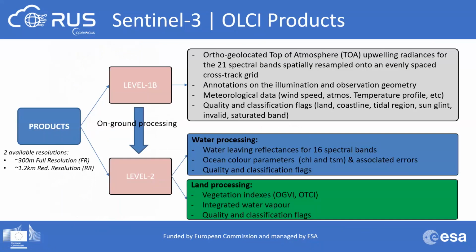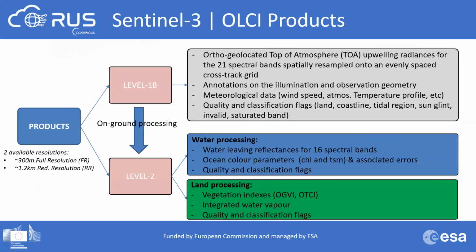Then two levels of product are freely available to the users. First, the level 1B products contain the ortho-geolocated top of atmosphere upwelling radiances for the 21 spectral bands spatially resampled onto an evenly spaced cross-track grid.